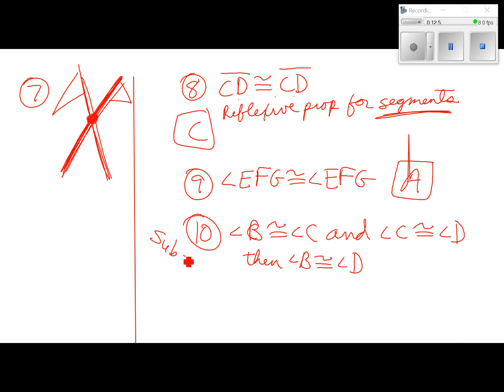We said that we were going to use substitution on something like this and just stay with substitution. But the other one that you could use is the transitive property. Hopefully that's one of the answers on there.